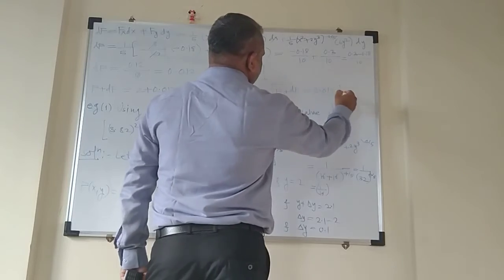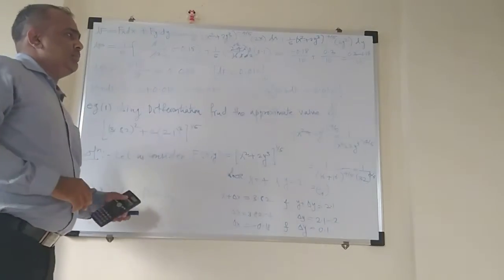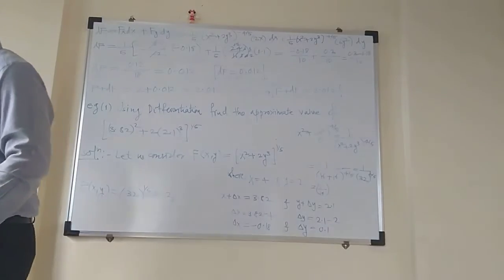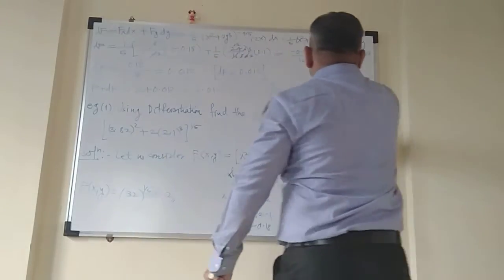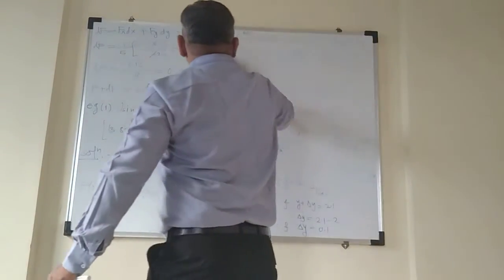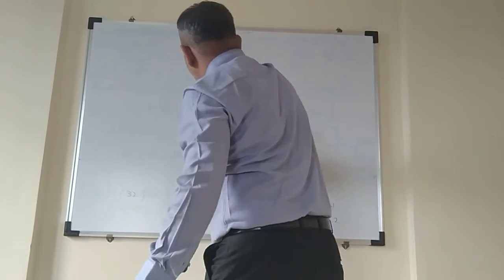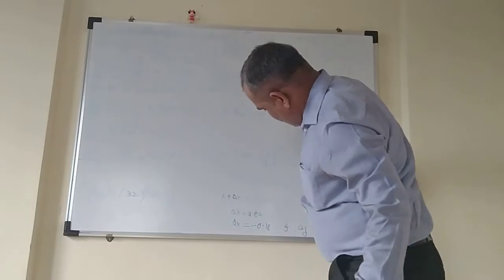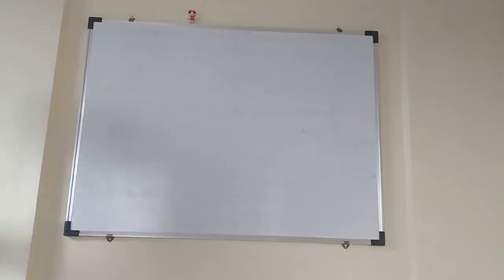This is the solution of your problem. Hope you understood this problem. Let's move to the next problem, and the next problem is, let me write this out first. Problem number 2.